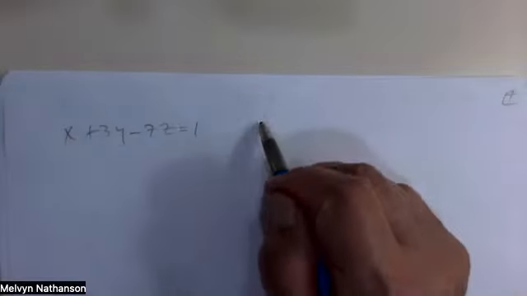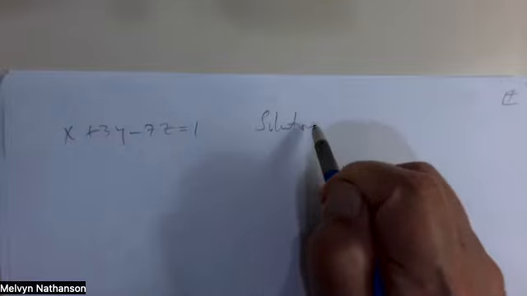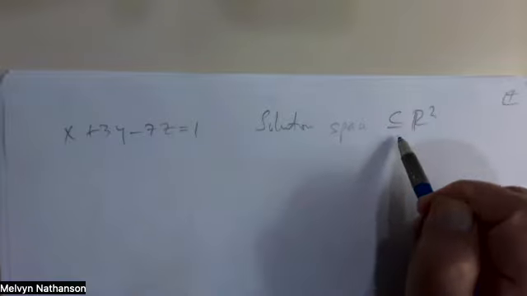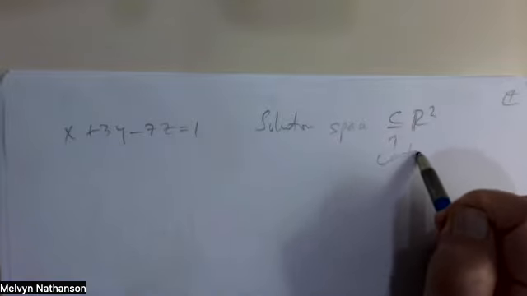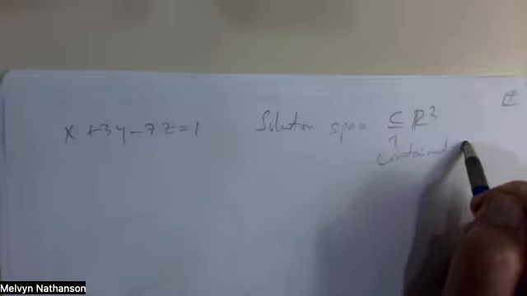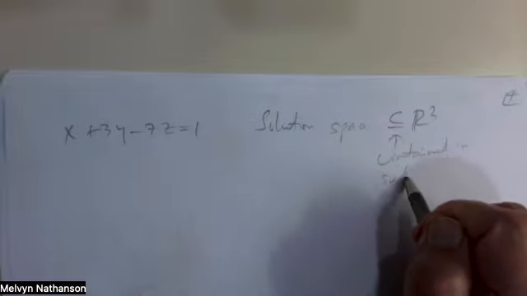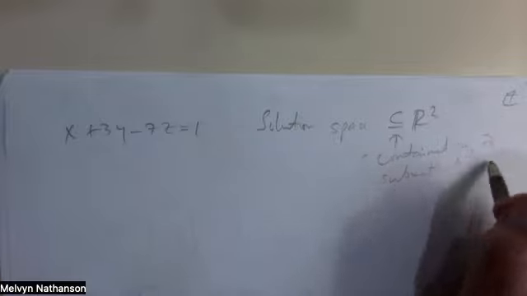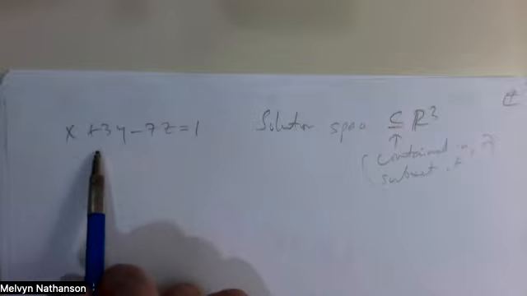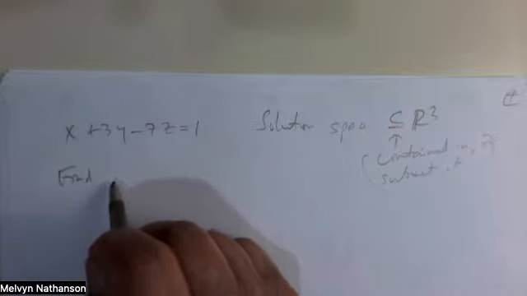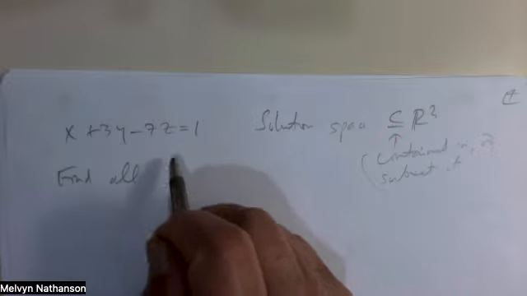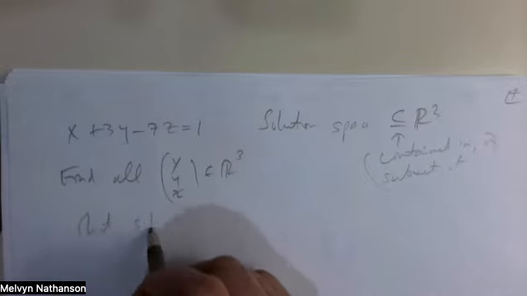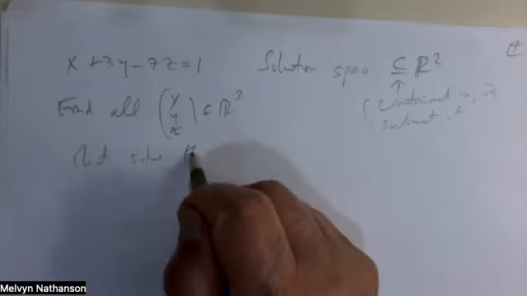There are 3 variables, so the solution space is contained in R3, meaning it is a subset of R3. So I want to find all vectors (x, y, z) in R3 that solve the equation.